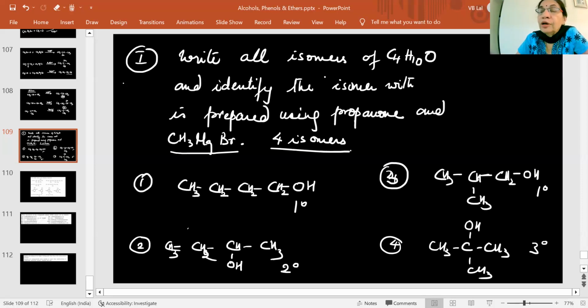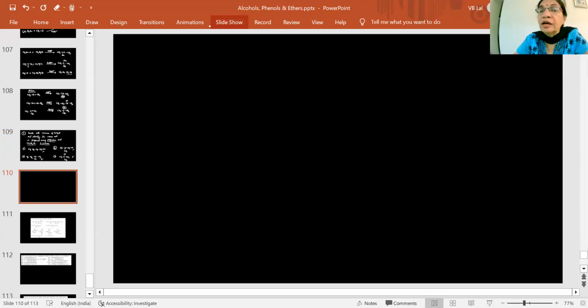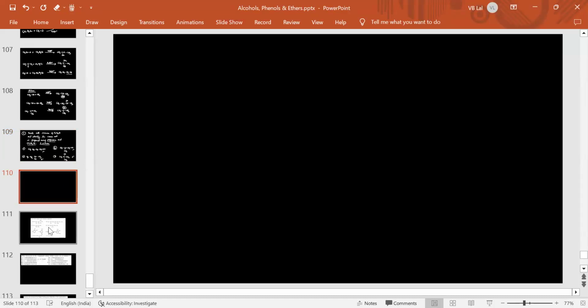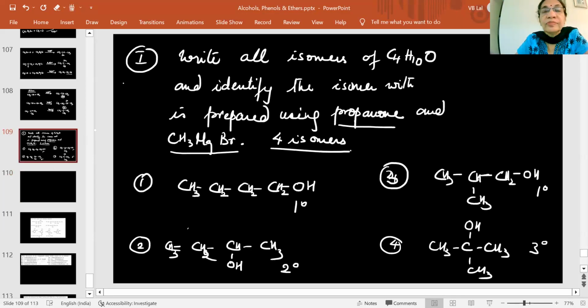Now, according to the rules of Grignard, what type of alcohol can you prepare with ketone and Grignard reagent? We have done 3 rules of Grignard reagent, isn't it?